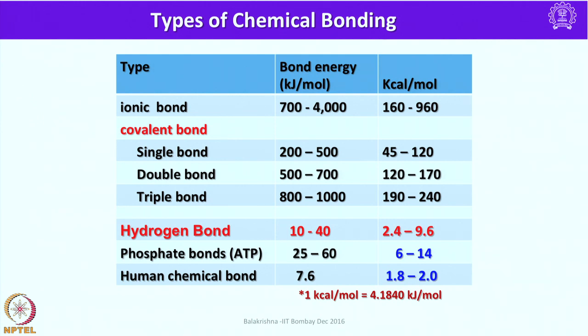And for an individual hydrogen bond, the bond energy is between 10 to 40 kilojoules per mole, and phosphate bonds have anywhere between 25 to 60, and the human chemical bond also they have given a value, it stays around 7 to 6 kilojoules per mole.